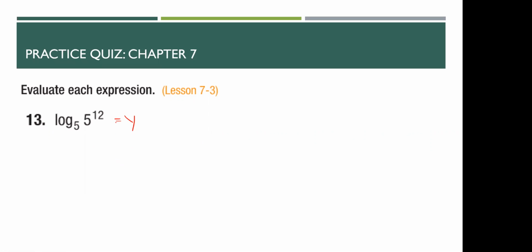So remember, if you have log base b of x equals y, then the base b, the exponent is y, is equal to x. So if my base is 5, that's my base, and then my exponent is y, right? Because we don't have a value for y.